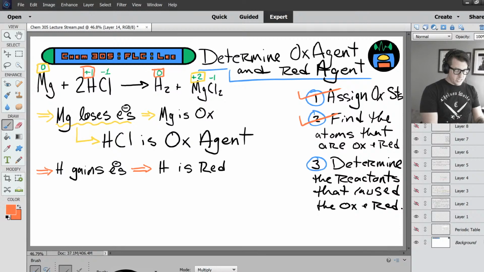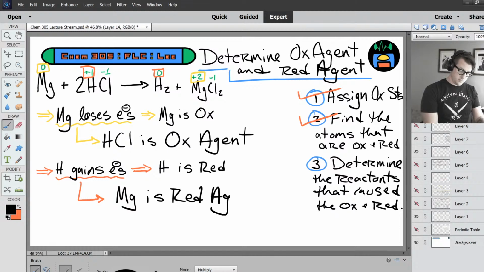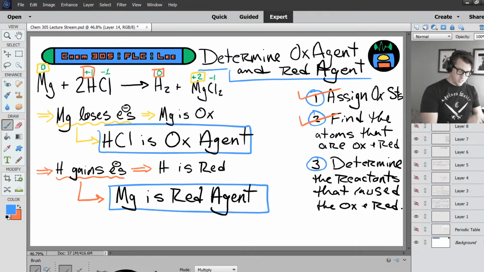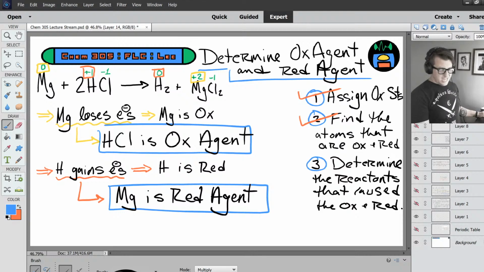The second question is, what reactant causes hydrogen to gain electrons? That reactant is magnesium metal. So magnesium is the reducing agent. And that is what we've been asked to find for this reaction. So that is this problem.